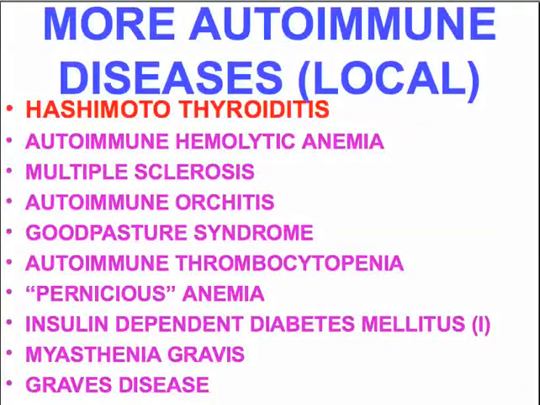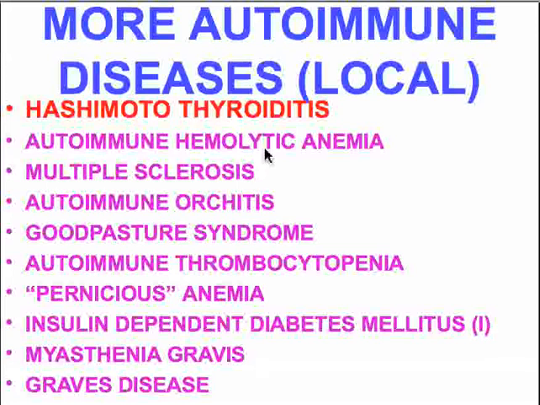If you would like to look primarily, once again, at the local autoimmune diseases, in every case, you have to recognize that there are local antigens which are being attacked by the immune process. And in the case of thyroiditis, we're talking about antibodies against microsomes of thyroid cells or thyroglobulin.